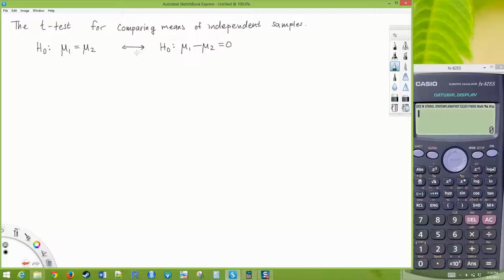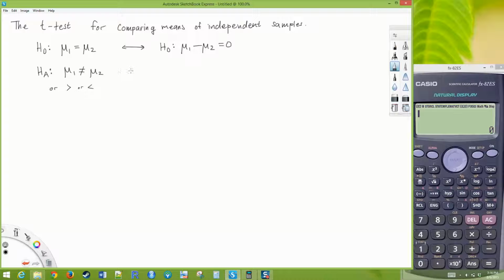Okay, so both of these things are equivalent. They are exactly the same thing, it just may be written in two different ways. And then the alternative, I'm going to use the not equal sign, but you can have greater than or less than as well.